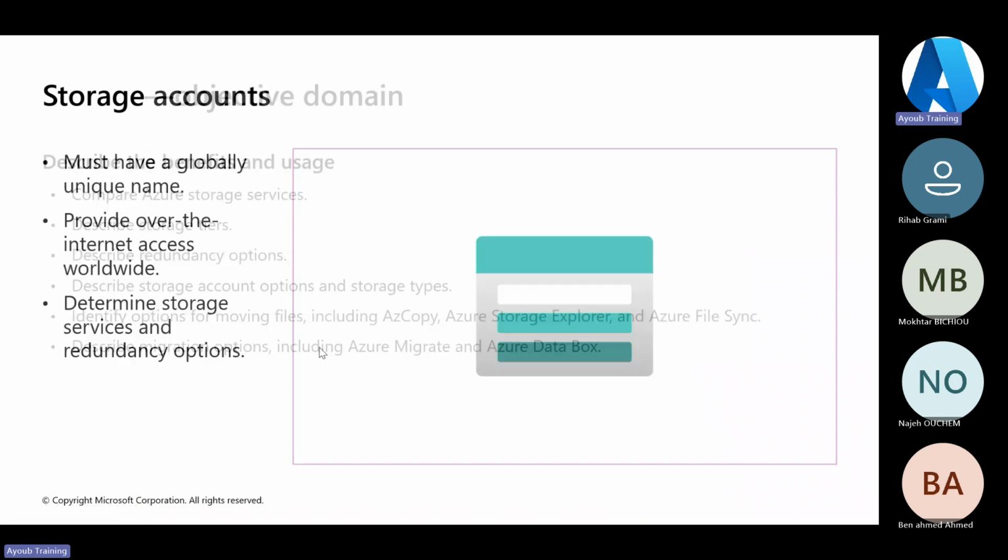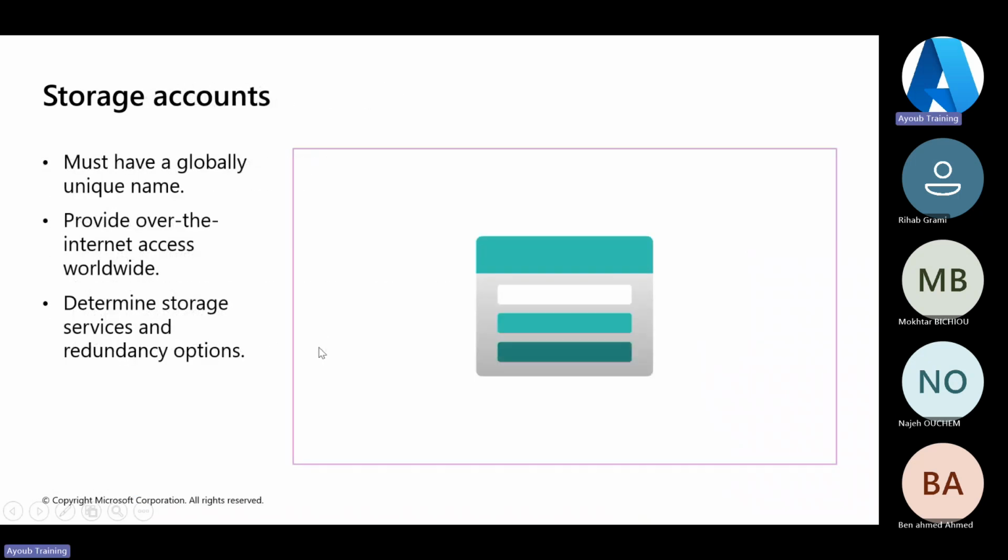Okay. So the first condition for a storage account: it must have a globally unique name. That means because it uses a URL to access this account, you need a unique name. So when you start to create a new one, Azure tells you whether this name exists or not. The storage account is also accessible from the internet.